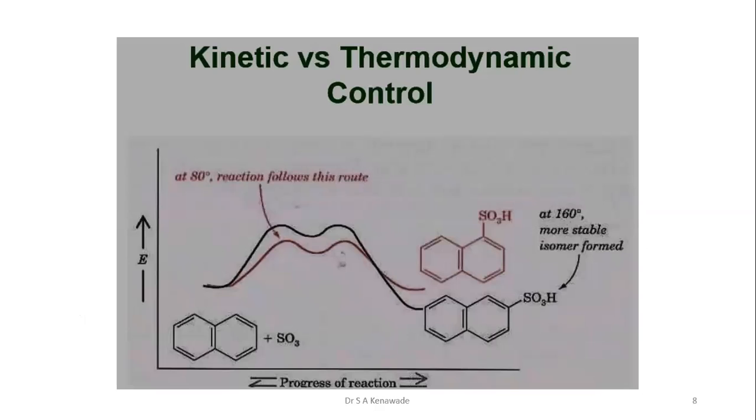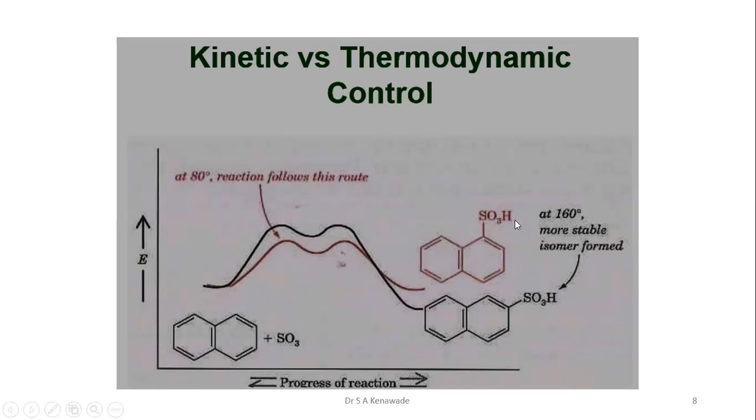If you compare the energy profile diagram of this sulfonation of naphthalene, here the black is for beta and red is for alpha. The graph shown by red is at the lowest energy level and is formed fast. But the difference between the energy of the reactant and the energy of the product is very small.